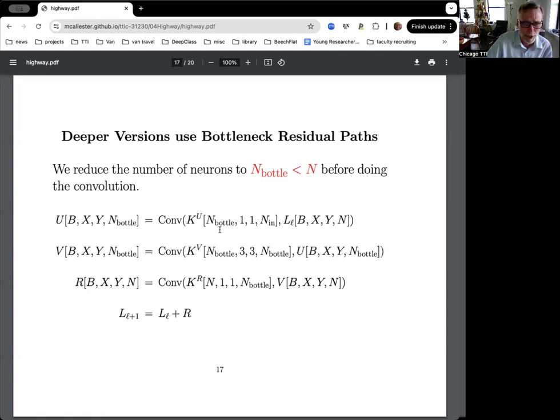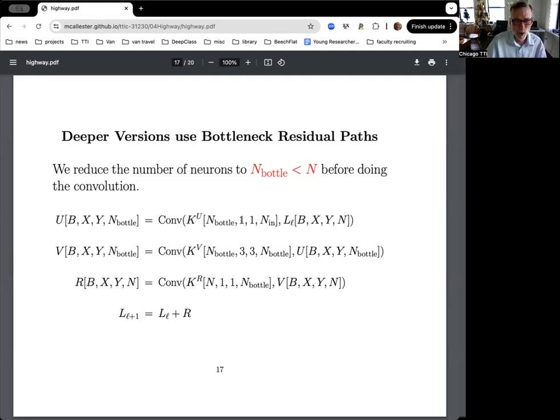So here's our input L. This is a fully connected layer. You can do it with a 1 by 1 convolution. A 1 by 1 convolution just takes every position independently. So this is a fully connected neural network at every position in the image.